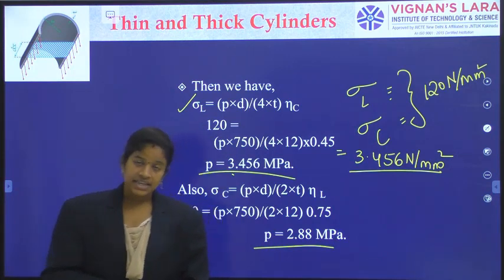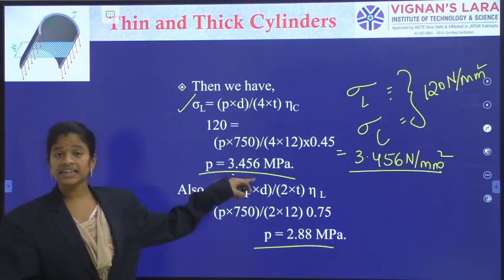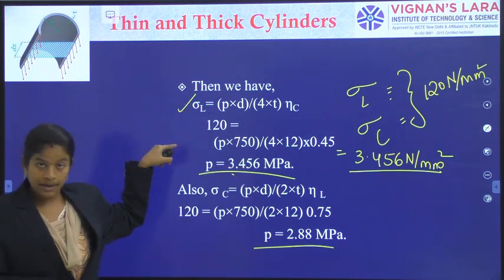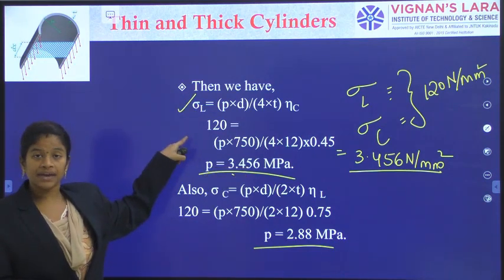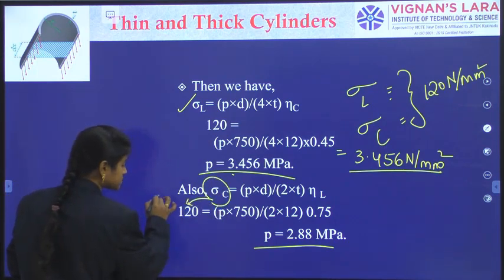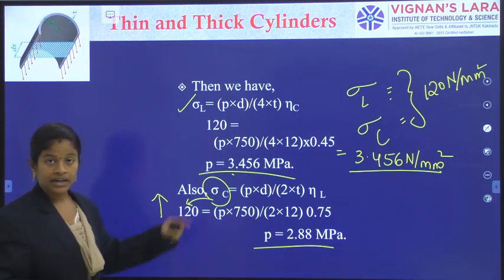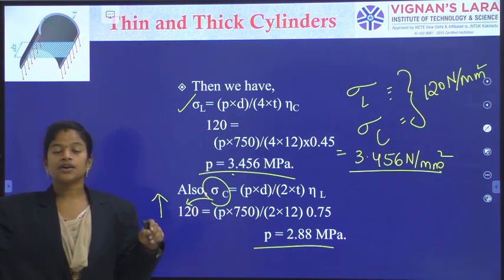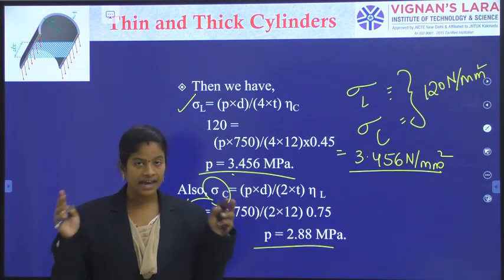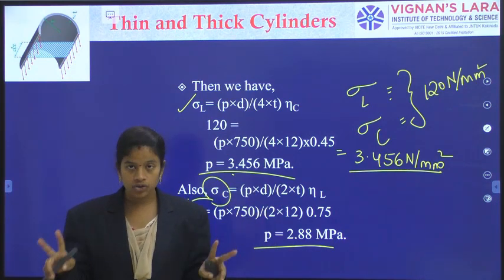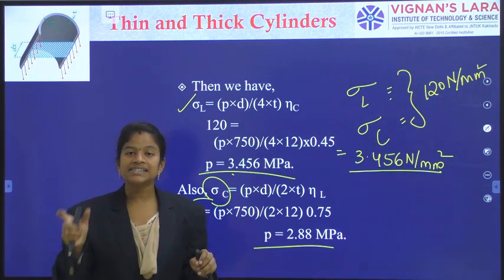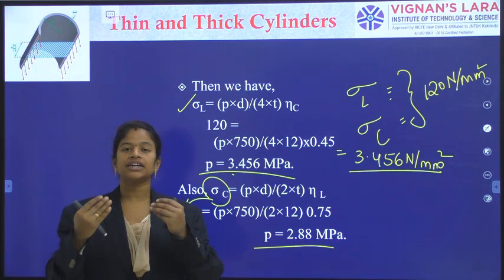See here, I can give up to 3.456 for handling in the longitudinal direction. But if I choose this P, the circumferential stress will be raised. So when the stress is equal to the longitudinal stress and when it is equal to the circumferential stress, I have got two pressures of the fluid. Of those two pressures, I should choose the least pressure, because only that I can give to the fluid.